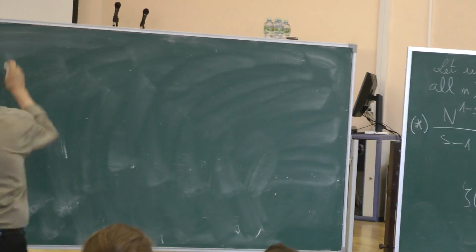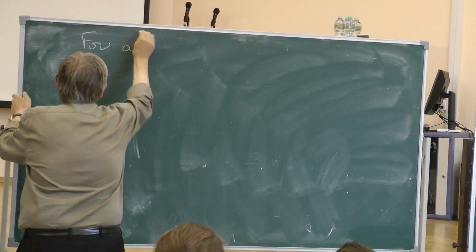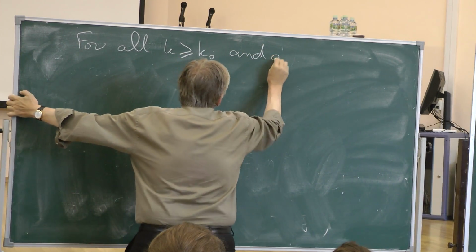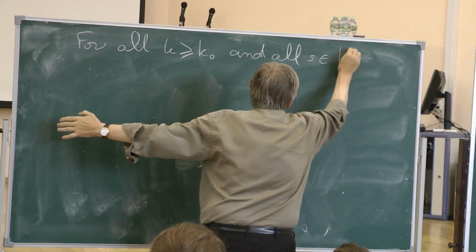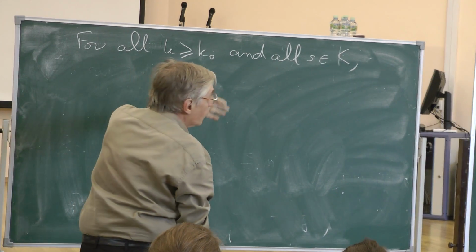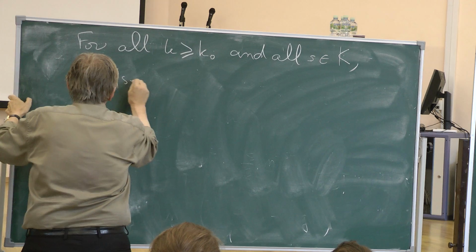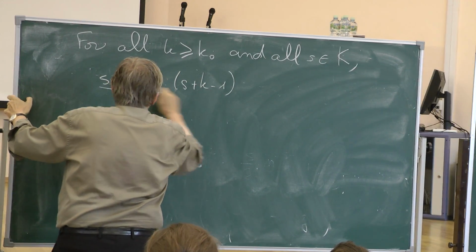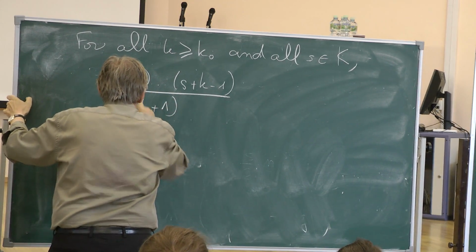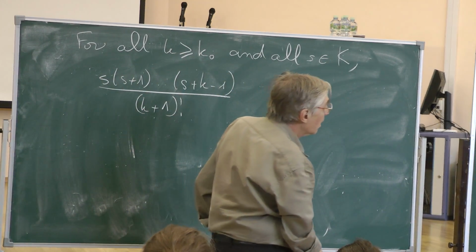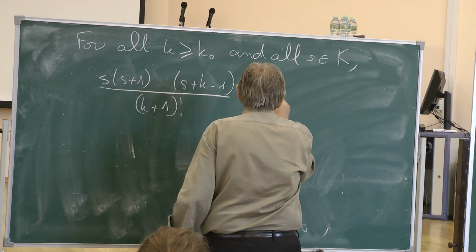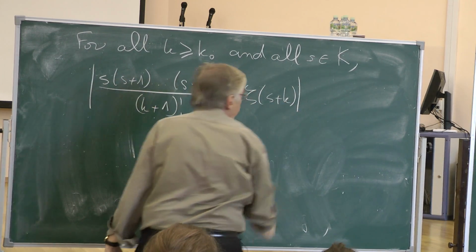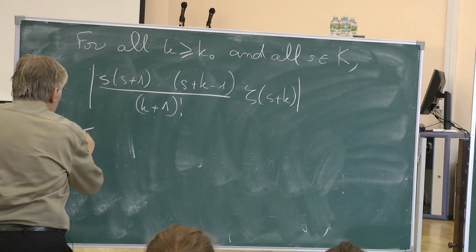For all k larger than or equal to 0 and all s in my compact set, if I take the term s times s plus 1 up to s plus k minus 1 divided by k plus 1 factorial times zeta of s plus k, I can bound it completely trivially.